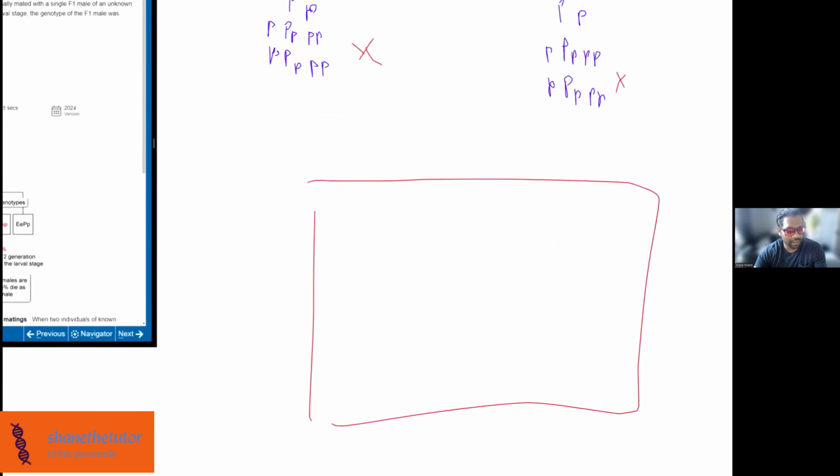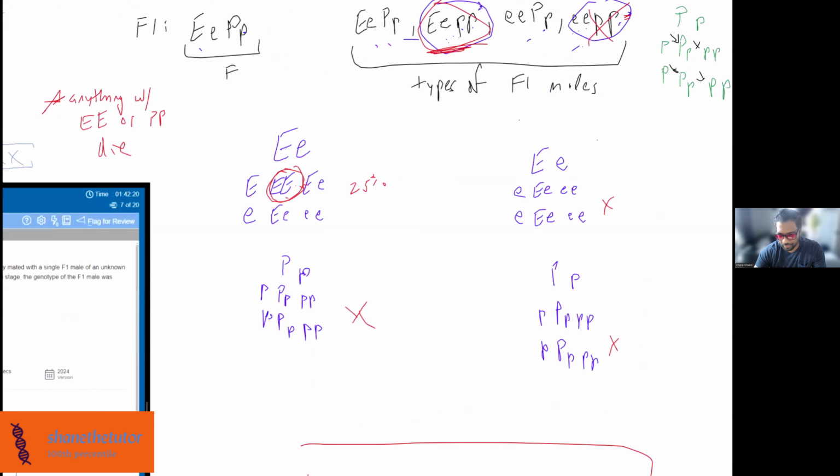I'm doing a Punnett square for the combinations of the first part of the dihybrid, the E's, and then another Punnett square for the second part of the dihybrid, the P's. So that gives me all the 16 as well. It's just an easier way of doing it.